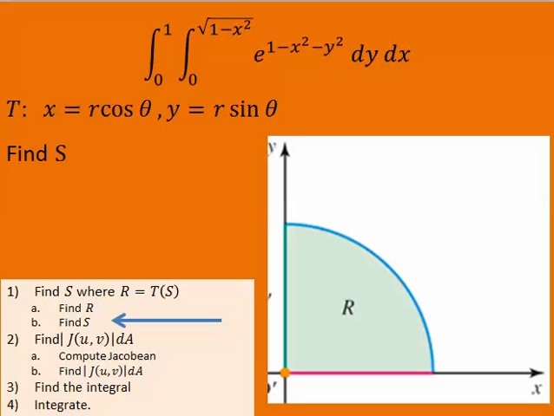Once you've done that, you need to find the new region S. Now, our new variables are going to be r and theta, so your new region has to be in terms of r and theta.